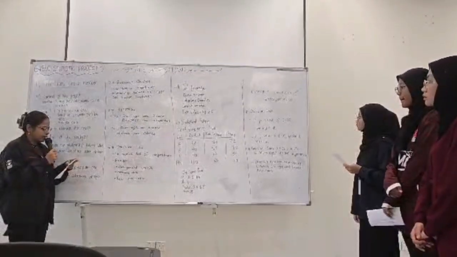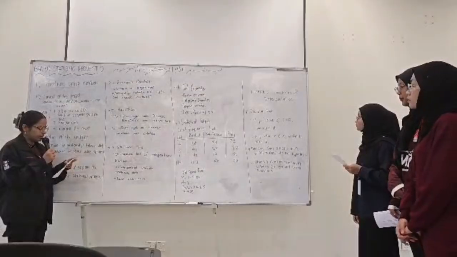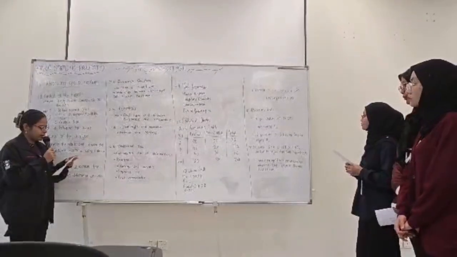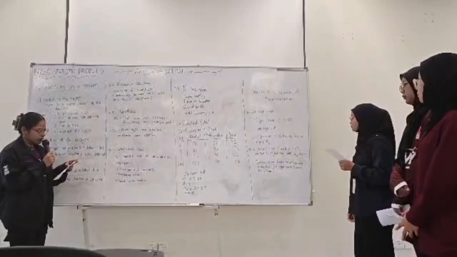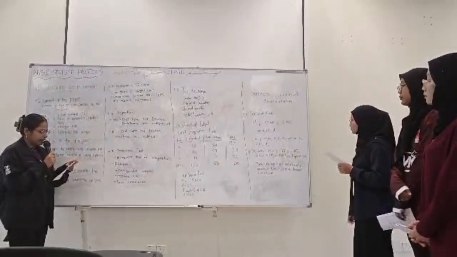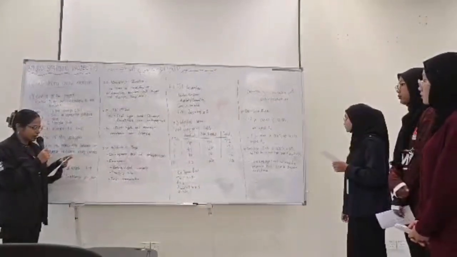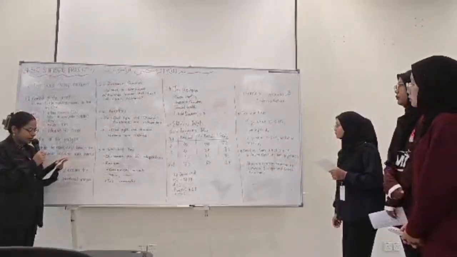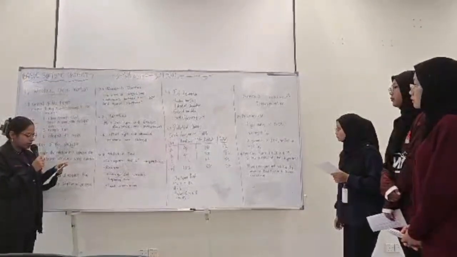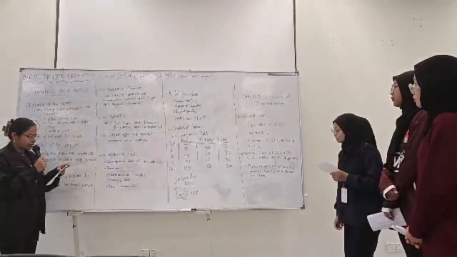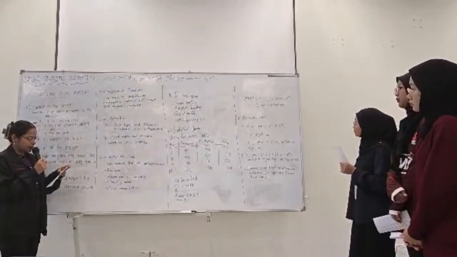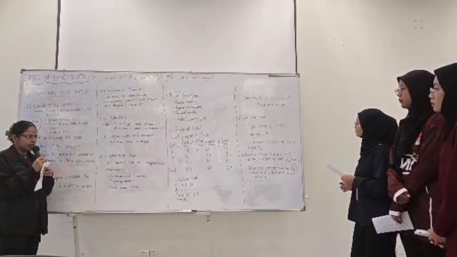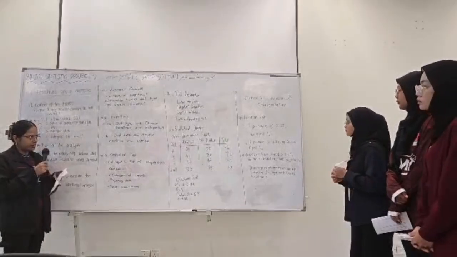To make a decision, the p-value is compared with the significance level of 0.05. Since 0.468 is greater than 0.05, the null hypothesis is not rejected. Now I pass to the next member.